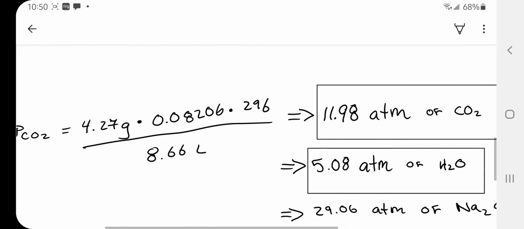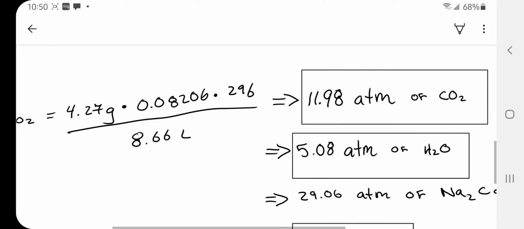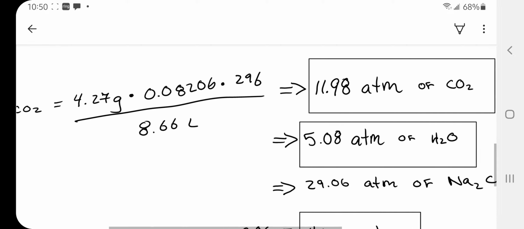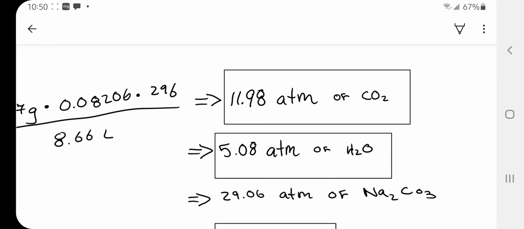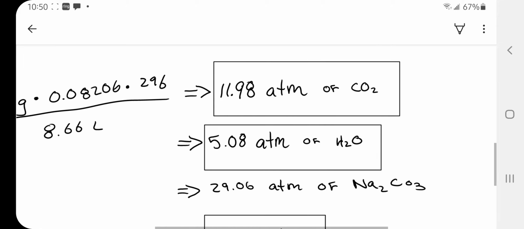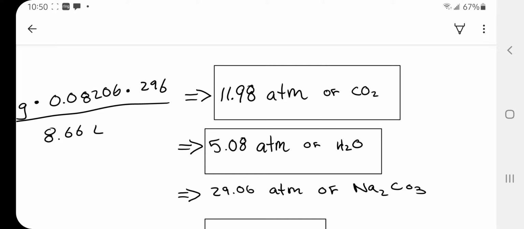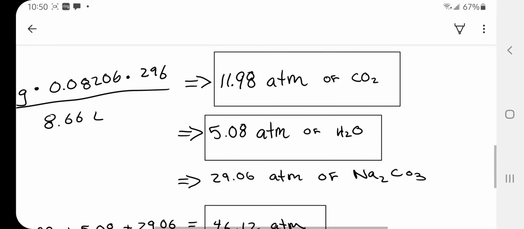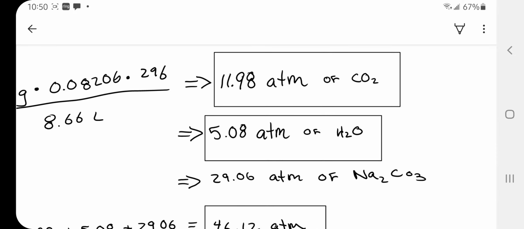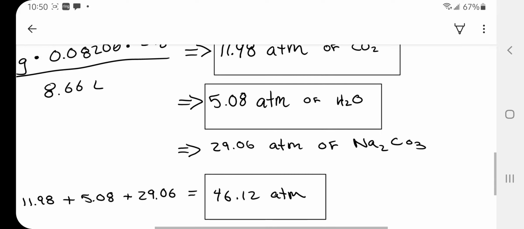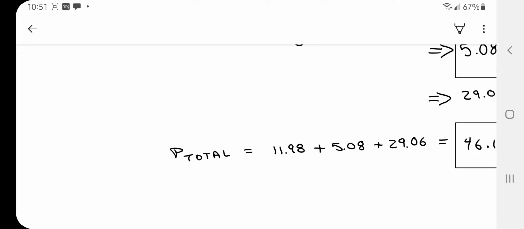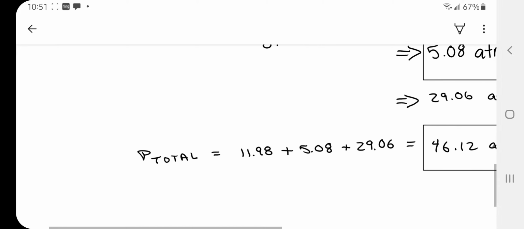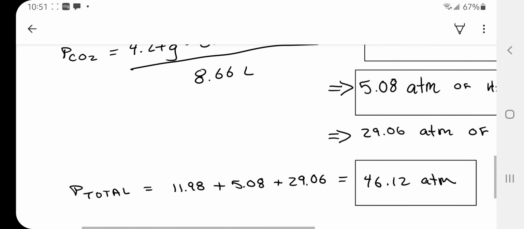We do the same process for H2O and Na2CO3, and that's the solution to the first question: 11.98 atmospheres of carbon dioxide and 5.08 atmospheres of H2O, water vapor. In order to find the total pressure, we need to simply add all the partial pressures together.